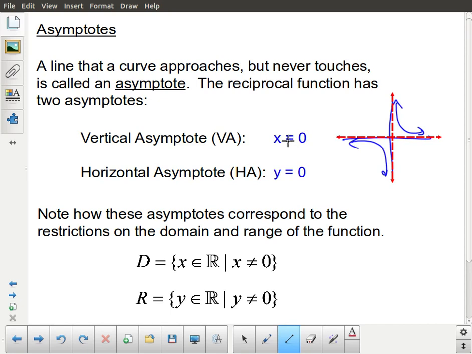Notice that the equations use equal signs, but the domain and range use these same x equals 0 and y equals 0, except the domain and range specify where you're not allowed to be. So these equations say where the lines are, and the domain and range specify you're not allowed to put any x or y values along there.